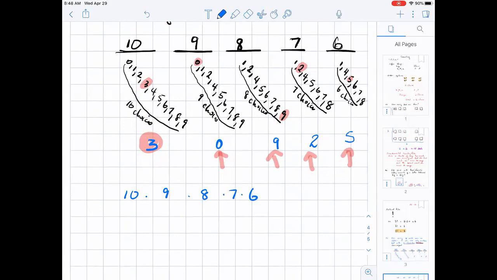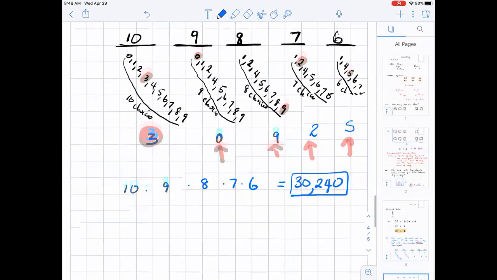If you multiply that out, that would give us 30,240 ID cards. So notice there is a big difference in the total.